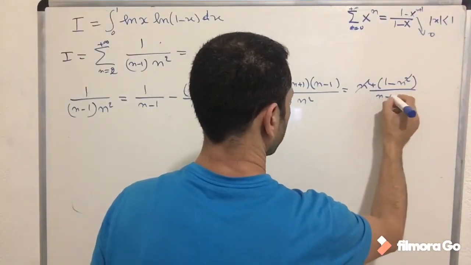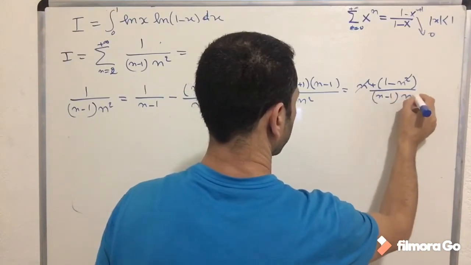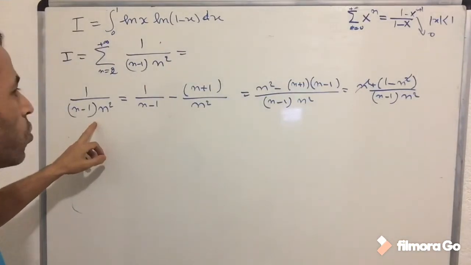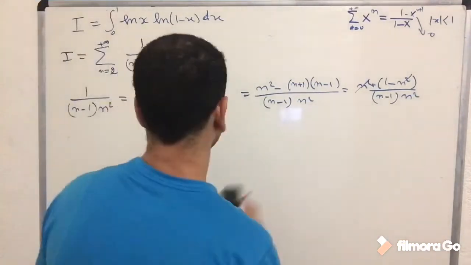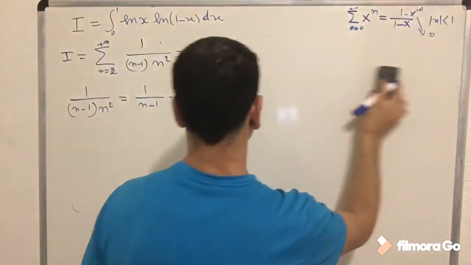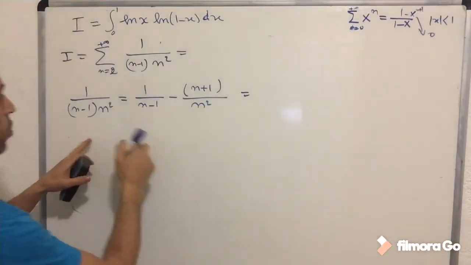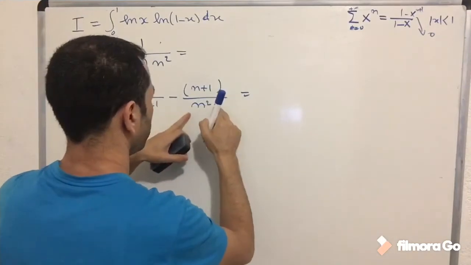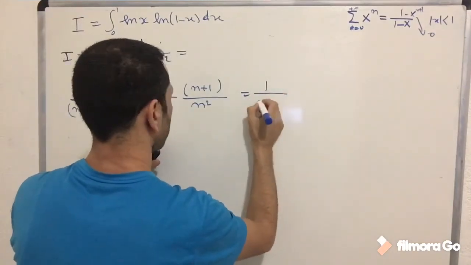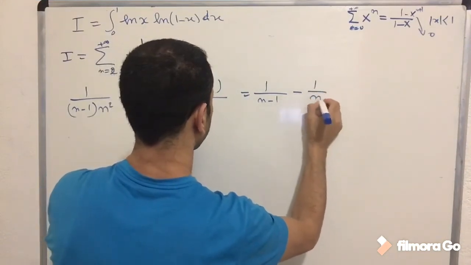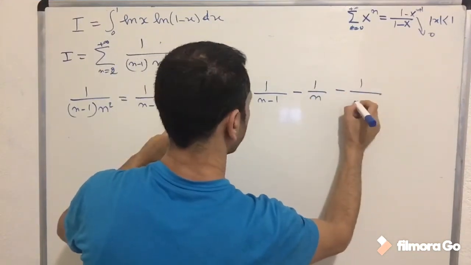So our expression becomes this one. We are going back to the original one, just verifying. So this one we can simplify, it becomes 1 over (n minus 1) minus 1 over n minus 1 over n squared.